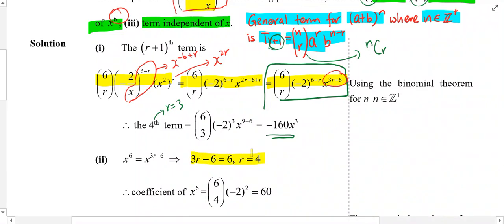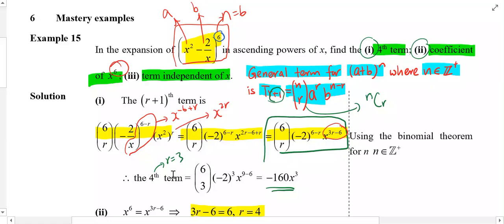When you know r, you know the term. Just put r equals 4 into the r here, the r here, and the r here. So this is the coefficient of x to the power of 6. Since r is 4, it is actually the fifth term. The fifth term has x to the power of 6. That's the position, it's the fifth term.